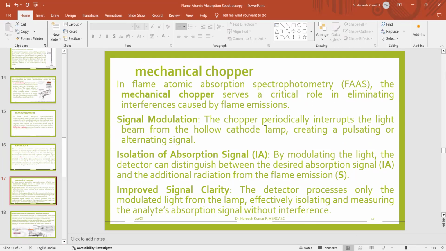Signal modulation: the chopper periodically interrupts the light beam from the hollow cathode lamp, creating a pulsating or alternating signal. Isolation of absorption signal: by modulating the light, the detector can distinguish between the desired absorption signal and the additional radiation from the flame emission. Improved signal clarity: the detector processes only the modulated light from the lamp, effectively isolating and measuring the analyte's absorption signal without interference.